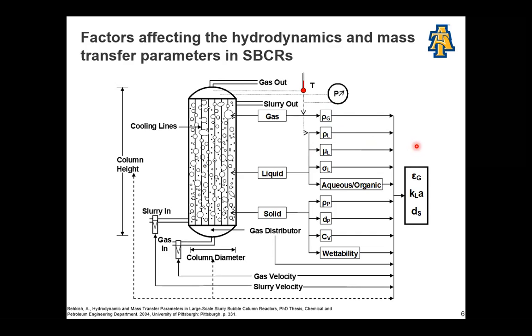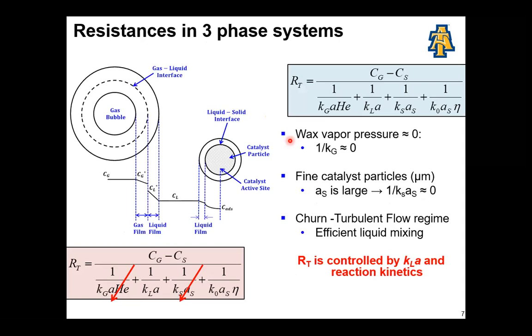These are in turn functions of the physical properties of the gas, the liquid, and the solid. They are also affected by the operating conditions of my reactor, the temperature and the pressure, and by the reactor design. Okay, good. Move on to the next slide.